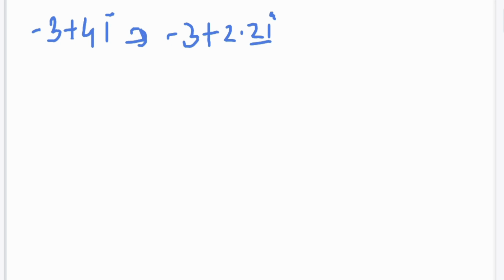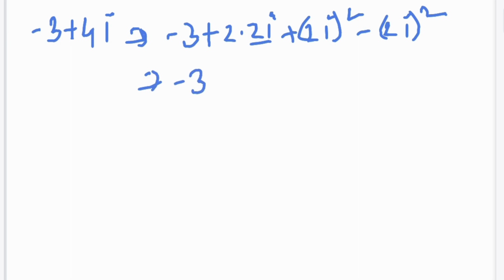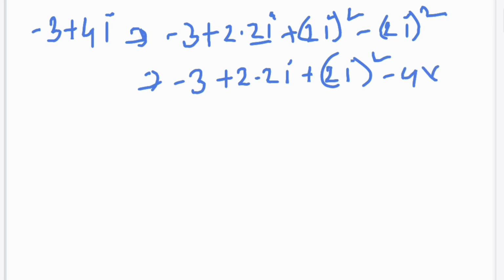For that, definitely we need to have this (2i)², and as we are adding it, we also need to subtract it. So -3 + 2 into 2i + (2i)², minus (2i)², that is simply 4 into i².